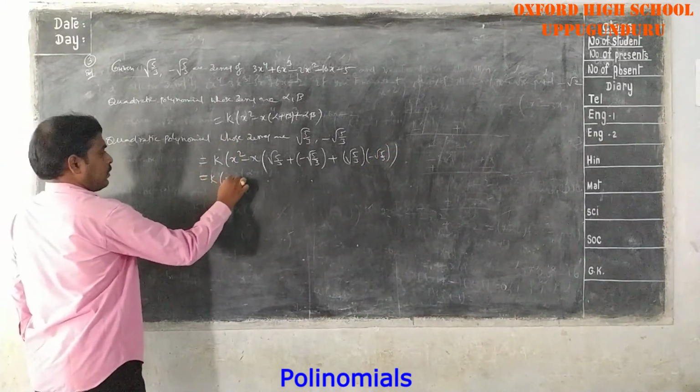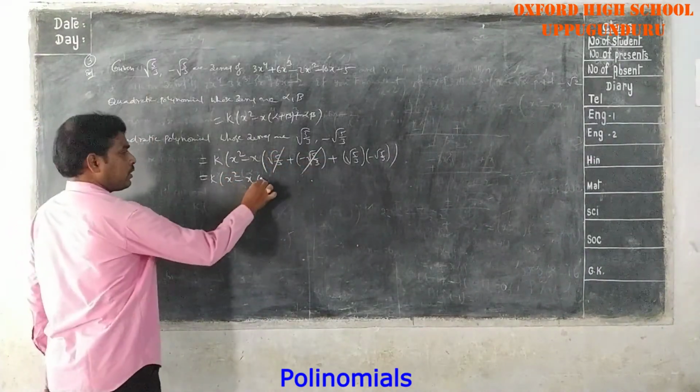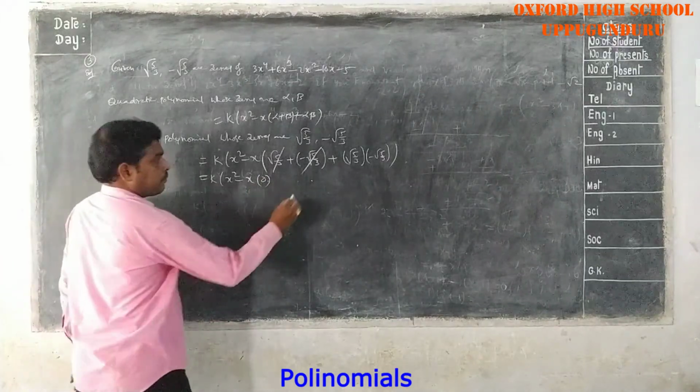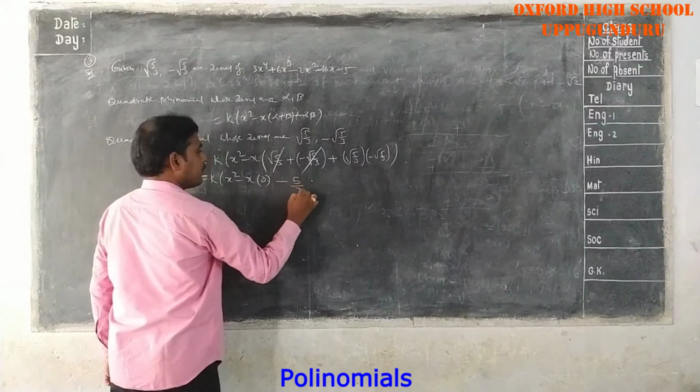K of x square minus x of plus root 5 by 3 minus root 5 by 3 cancel, you get 0. Plus into minus, minus root 5 by 3 into root 5 by 3, you get 5.